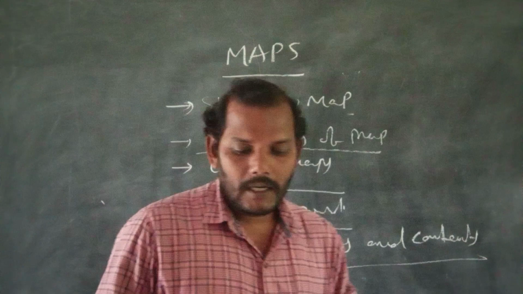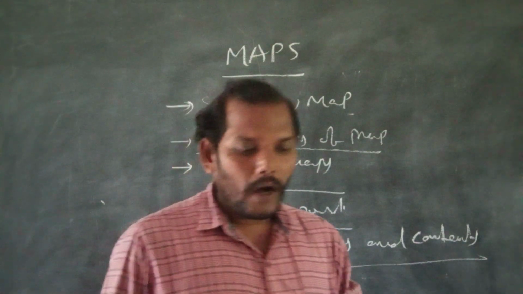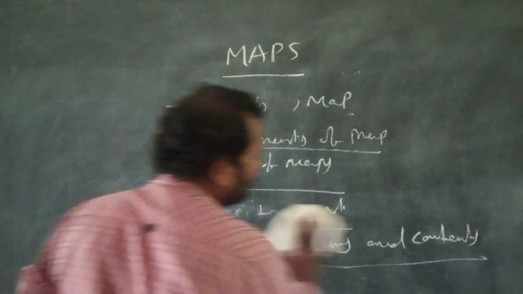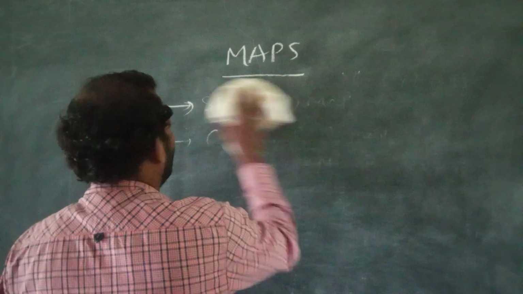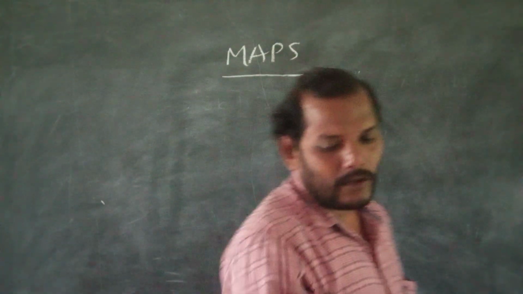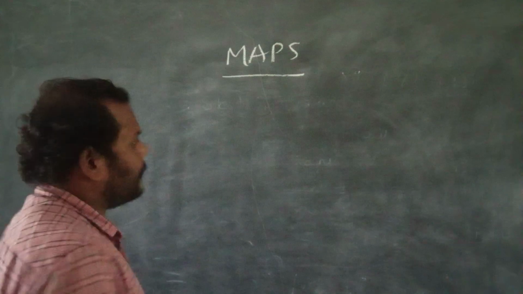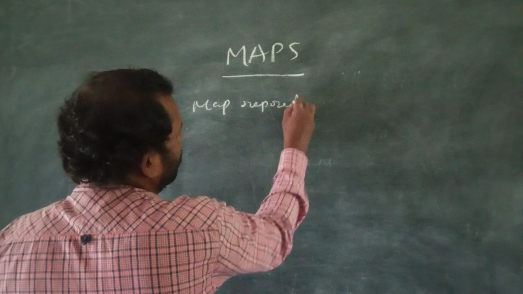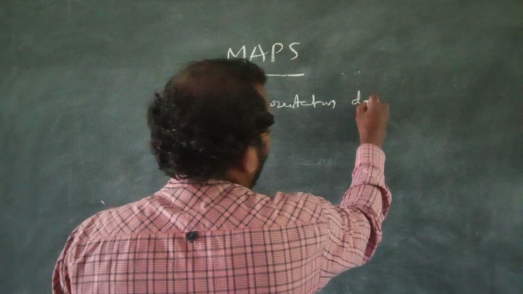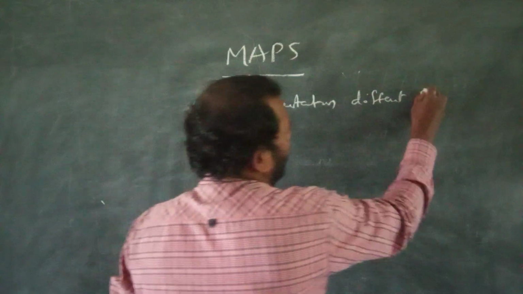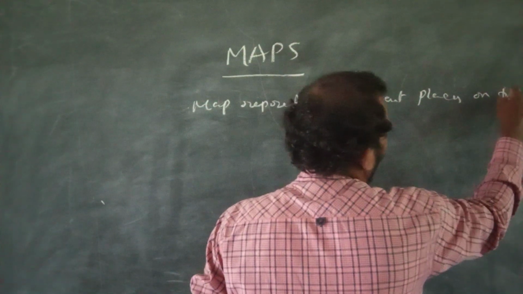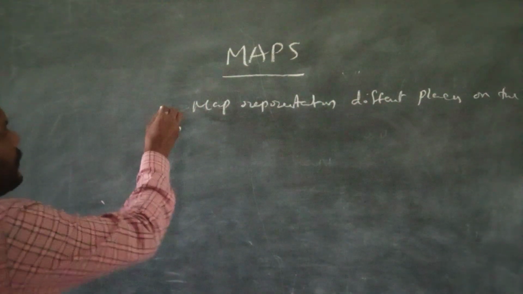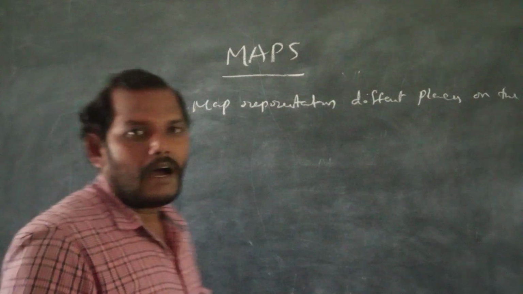Just listen. The first question: what is the map? A map is the representation of different places on the earth.